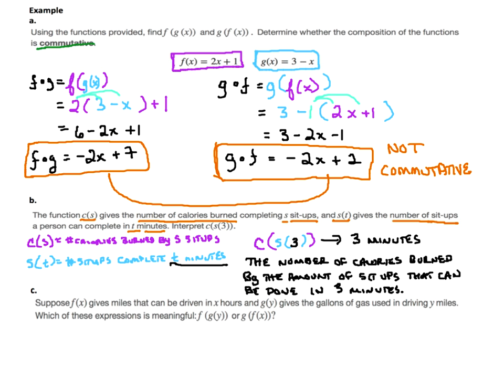Let's look at this last one. Suppose f of x gives miles that can be driven in x hours. Let's go ahead and pull out this information. F of x is miles driven in x hours.